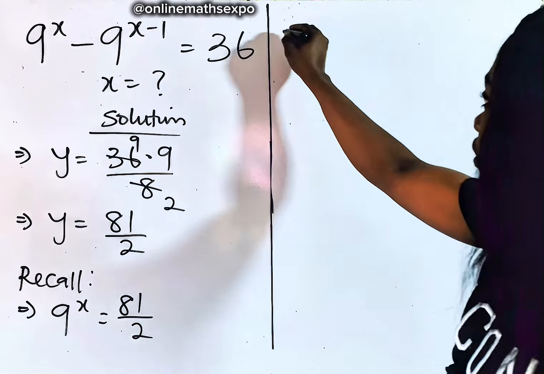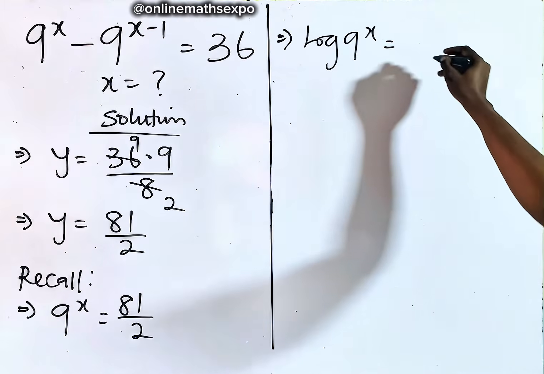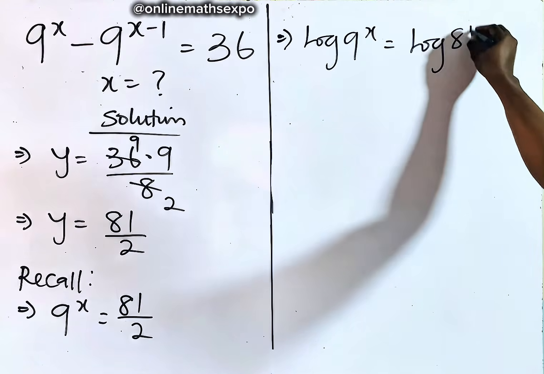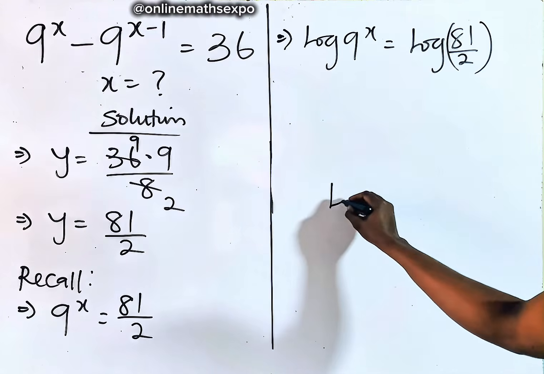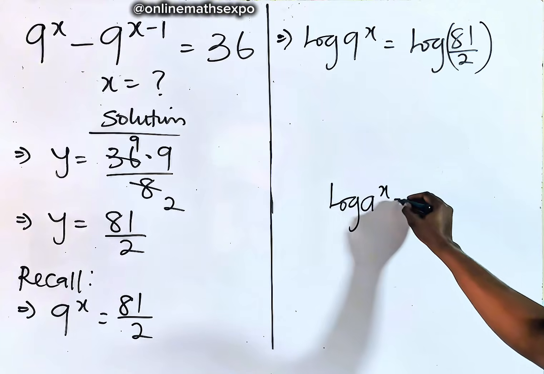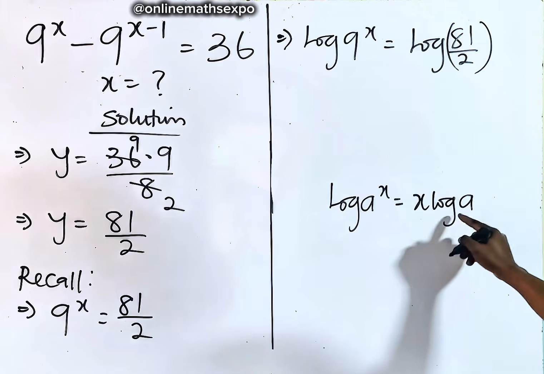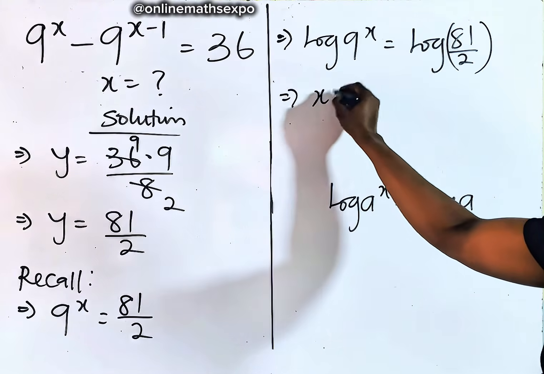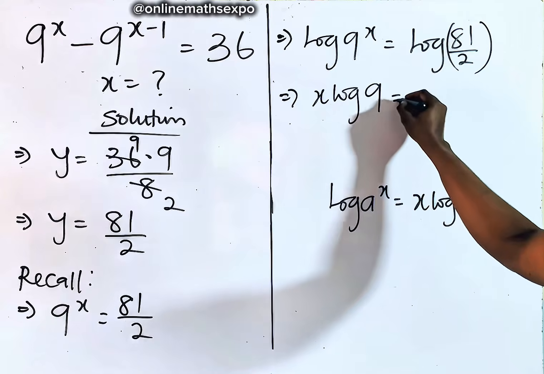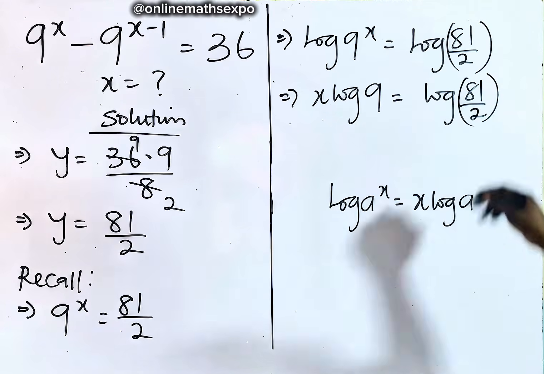So this gives us log of 9 to the power of x is equal to log of 81 divided by 2. So remember, for every log of a to the power of x, the power multiplies. So it gives you x log a. If you apply this rule here, this power will multiply. So it gives you x log 9 is equal to log of 81 divided by 2.